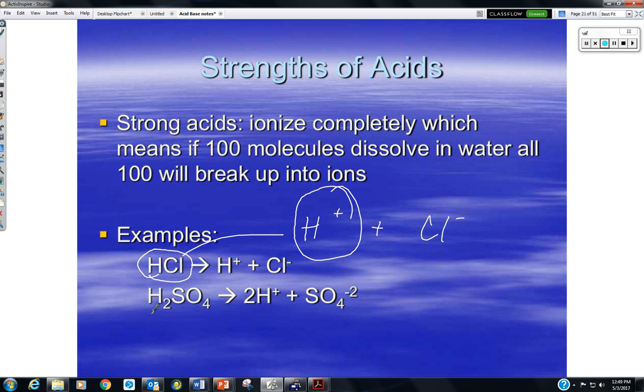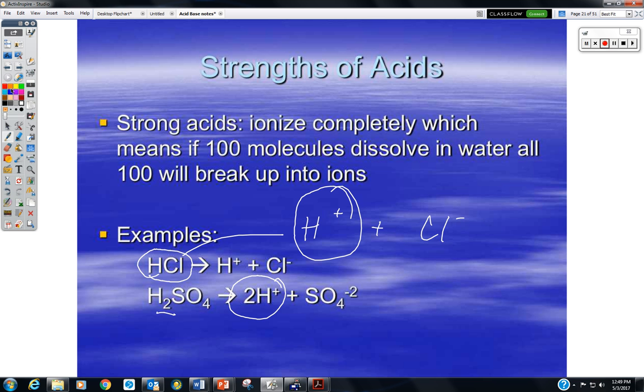Whereas sulfuric acid, H2SO4, we have 2 hydrogens for every 1 sulfate group. So when it dissociates, it produces 2 moles of hydrogen. So you get a higher concentration, higher acidic property based off of that, because there's a higher amount of moles of hydrogen in this particular compound.